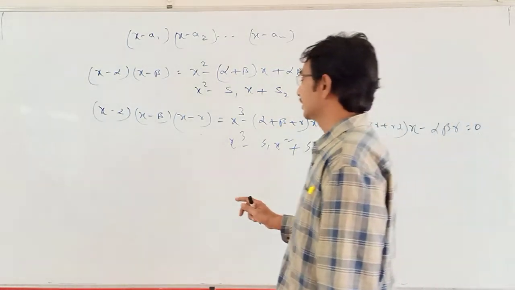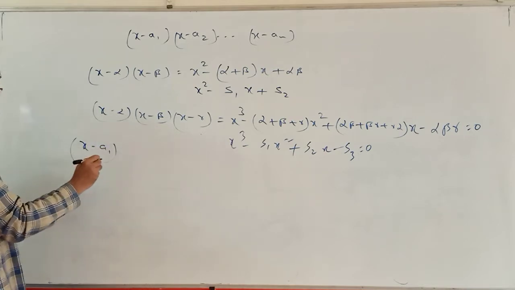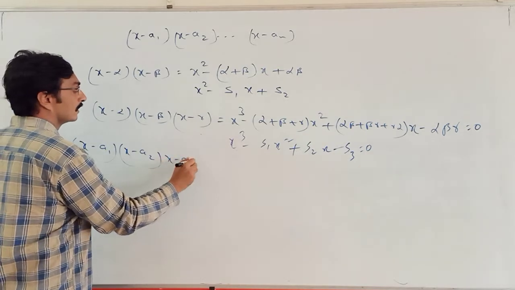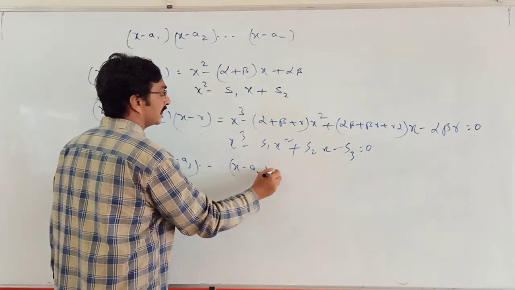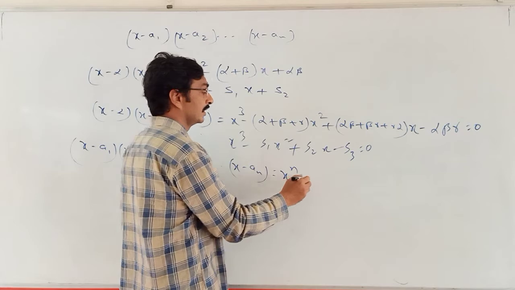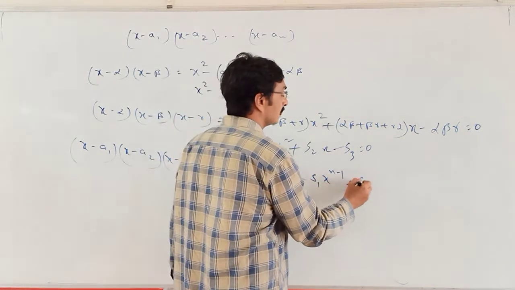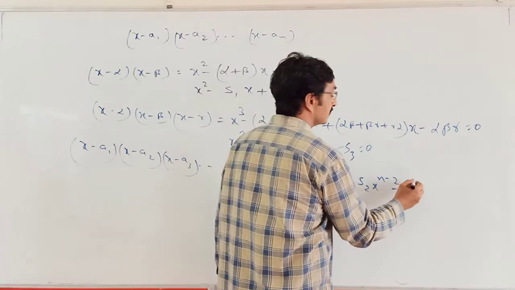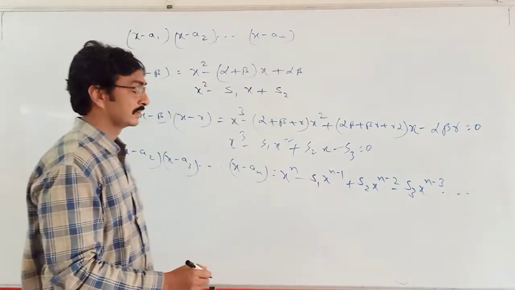Okay. So we can extend this one. (x minus a1) into (x minus a2) into (x minus a3) and so on, (x minus an) equals x power n minus s1 into x power n minus 1 plus s2 into x power n minus 2 minus s3 into x power n minus 3 and so on.